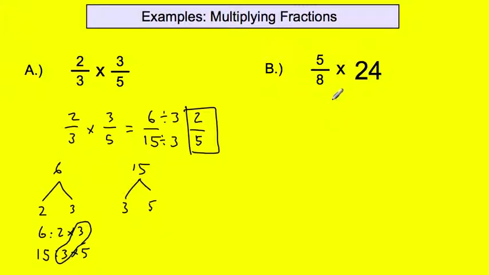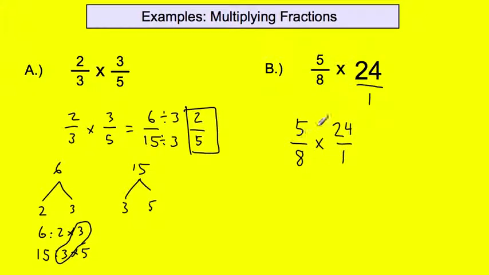All right, some people are going to be mystified by B because they're going to say, oh, there's no fraction there. And we've been going over that for many months now, right? So it's 2/3 times 24. Well, how do I turn that 24 into a fraction? Anything over 1. Take any whole number and you put it over 1, that equals 24. So it's 24 over 1.